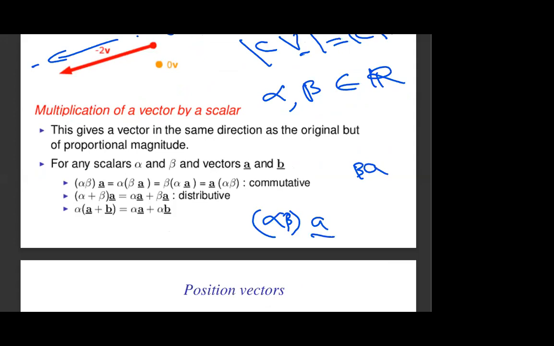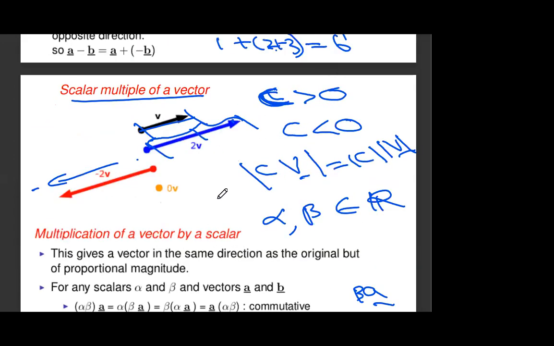Right now I consider beta a. I multiply a vector with scalar beta.